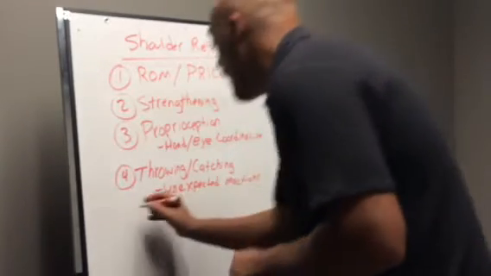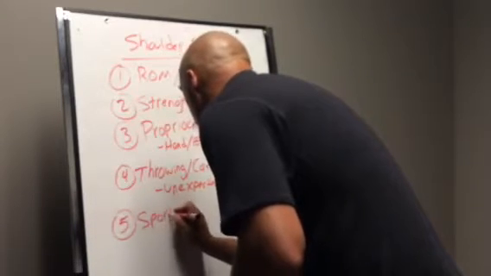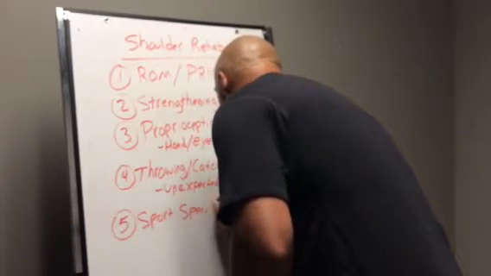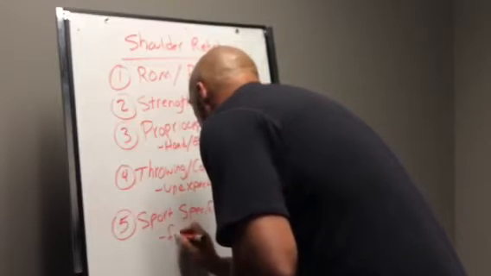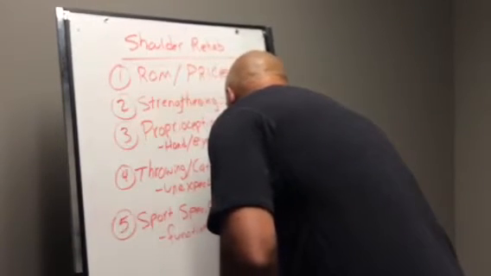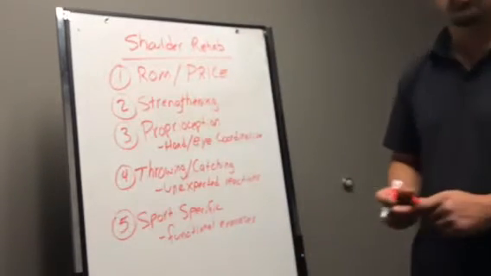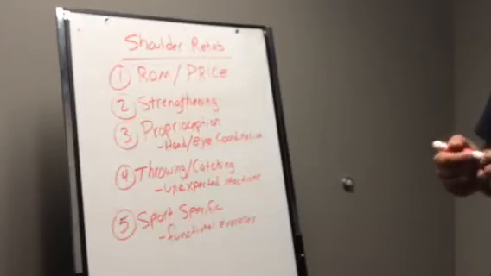And then stage 5 is sport specific or functional exercises. So those are the stages we'll go through. We'll go into a little bit more detail of each one of those.